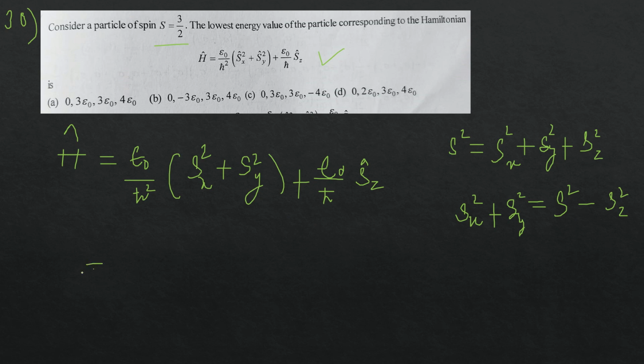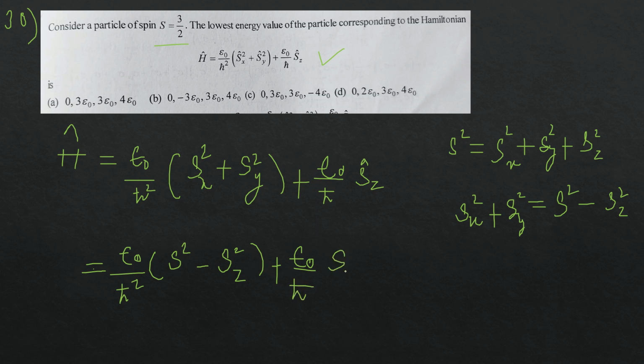So epsilon naught by h cut square times (S square minus Sz square), plus epsilon naught by h cut times Sz.